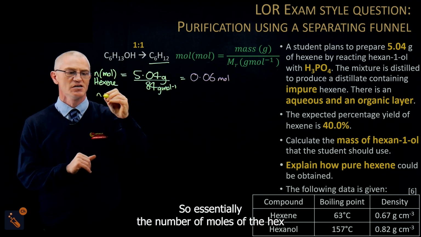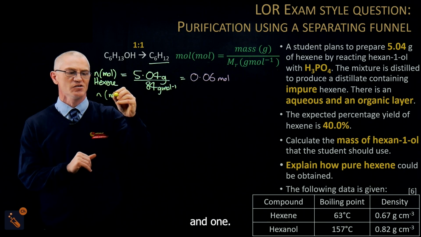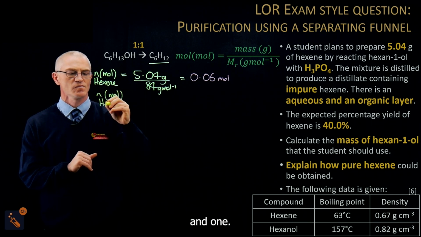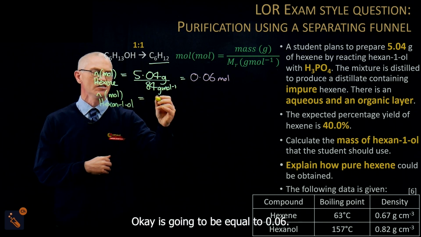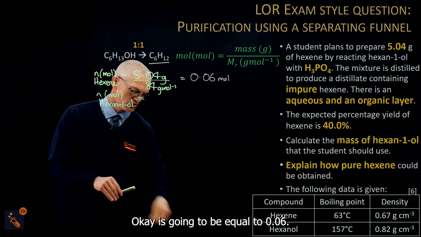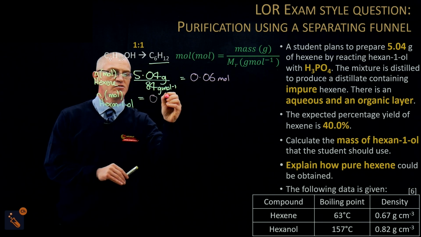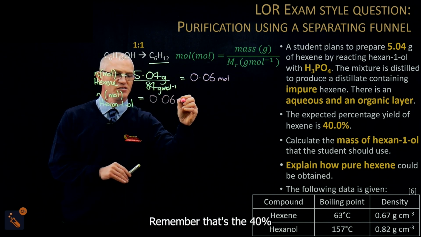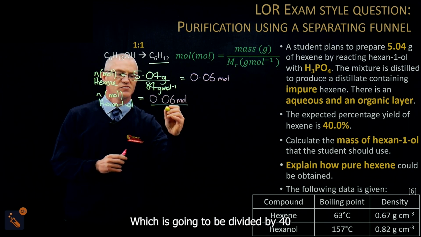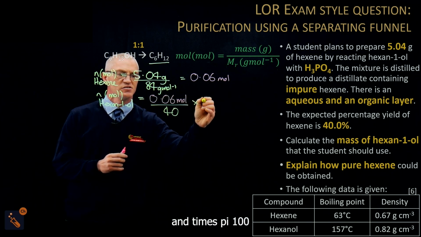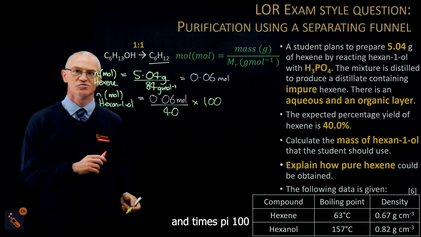So essentially, the number of moles of the hexane 1-ol, okay, is going to be equal to 0.06. Remember, that's the 40%. Okay, which is going to be divided by 40 and times by 100.